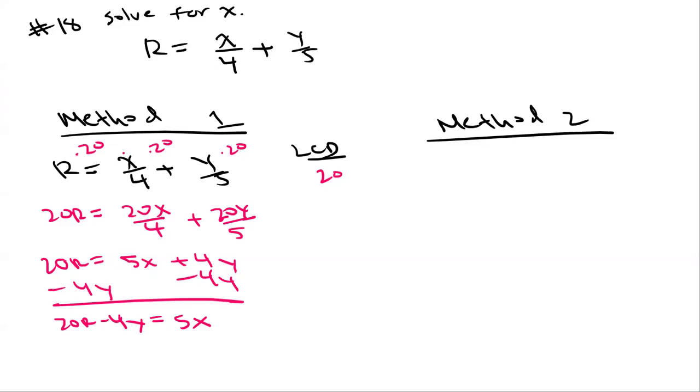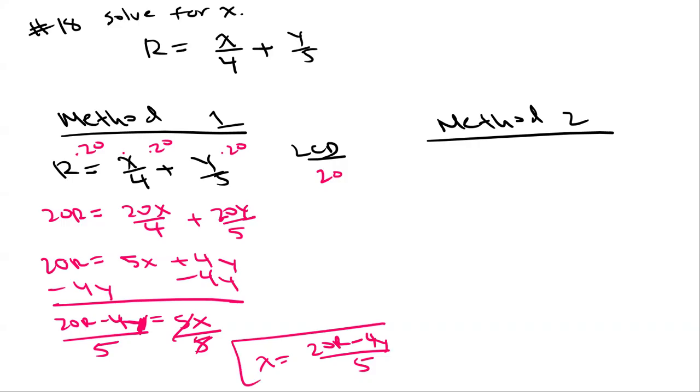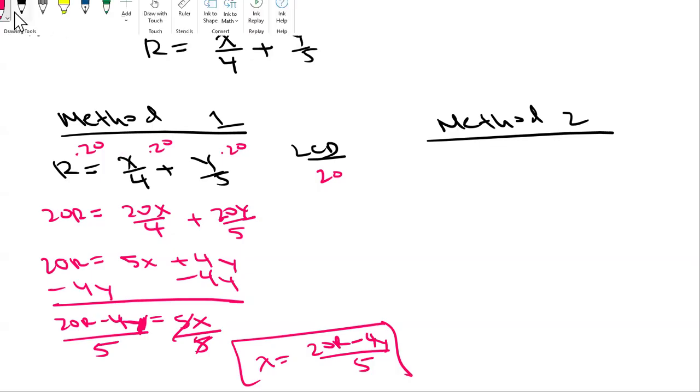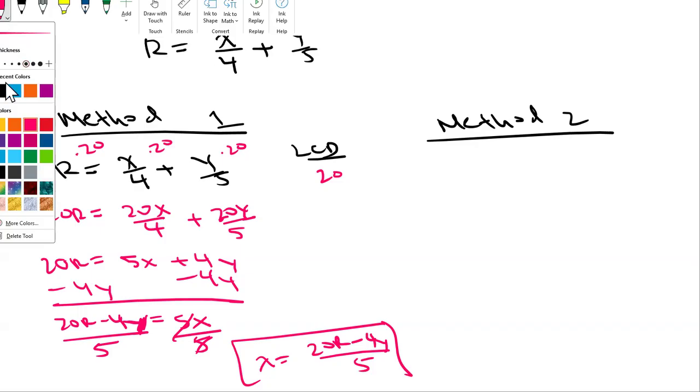Exactly, divide. So we're going to divide both sides by 5. Okay, so that's gone. So our answer is going to be 20r minus 4y over 5. Okay, so that's method one. That's my go-to method.